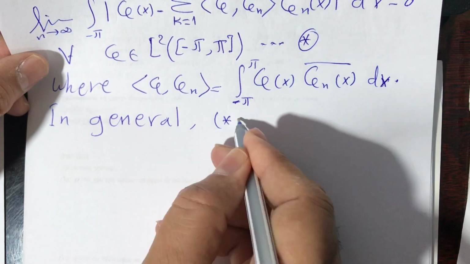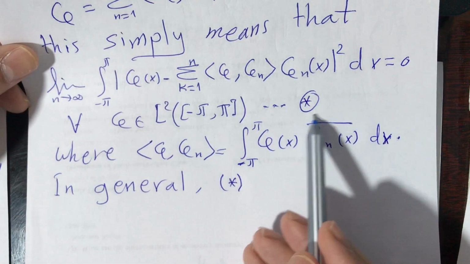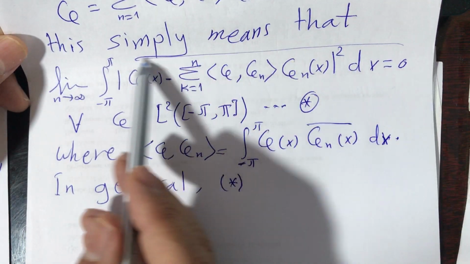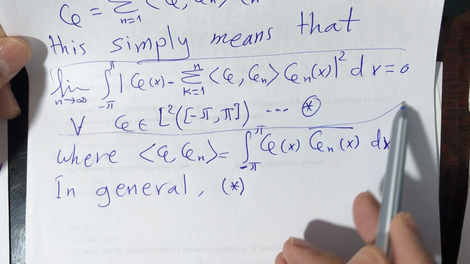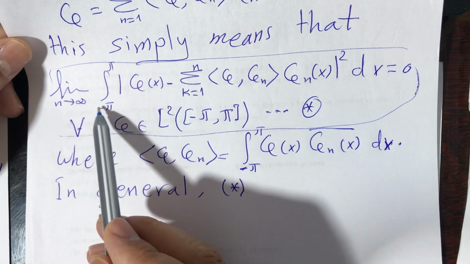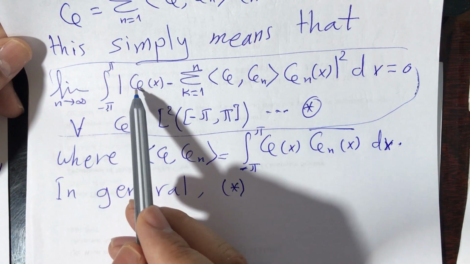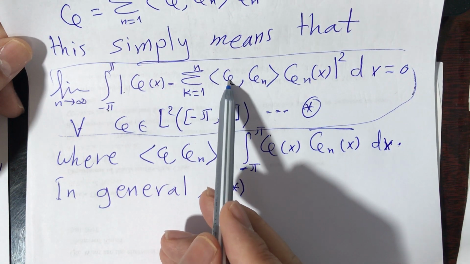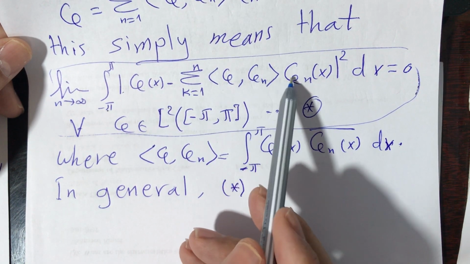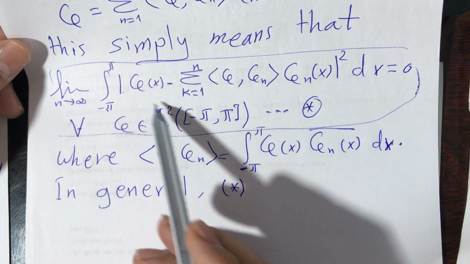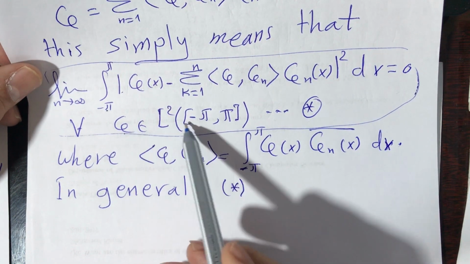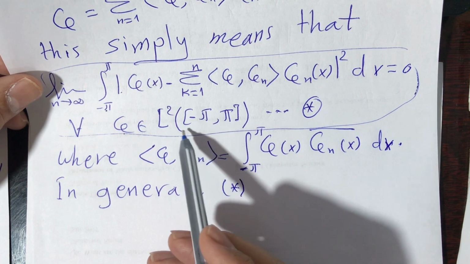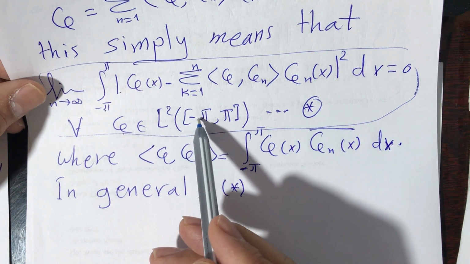In general, this is a star: the limit of the integral from minus pi to pi of the absolute value of phi of x minus the summation of the inner product times phi n of x, dx, equals 0, where phi belongs to L2 of minus pi to pi.